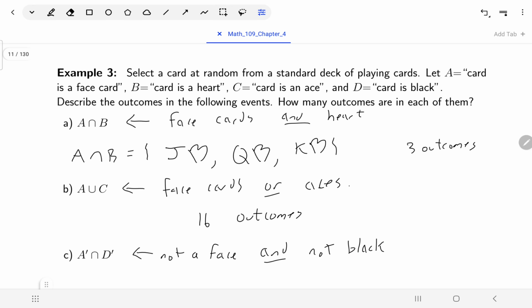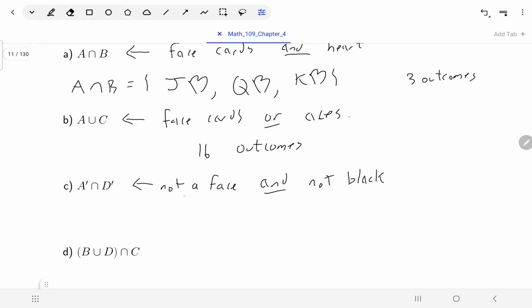Two things we know. If it's not a face card, that means it needs to be an ace, 2, 3, 4, 5, 6, 7, 8, 9, or 10. That's basically all the ones that are not face cards. That leaves us 10 numbers, each with 4 suits. So in total, we've got 40 cards that are not face cards.